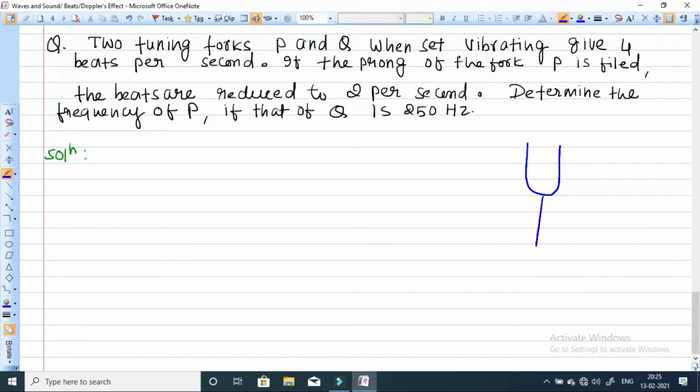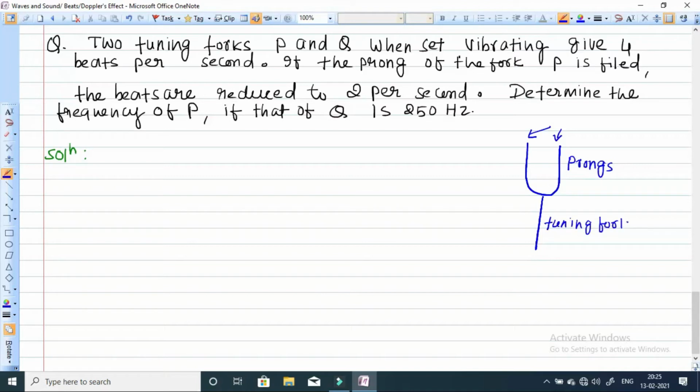This is the handle, and these two ends are known as prongs. When struck over a wooden board, they start vibrating and produce sound of some frequency.